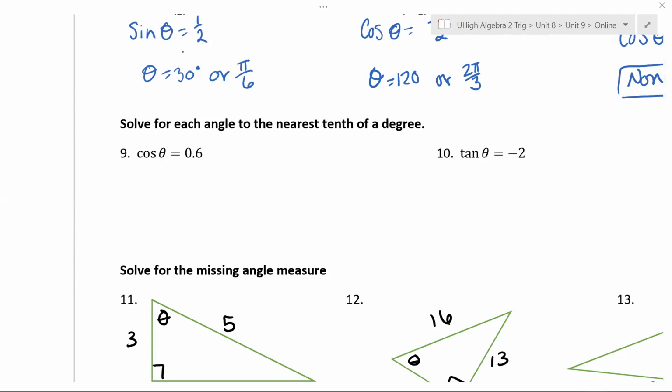First, I want to look at degrees, so I need to be in degree mode in my calculator. Before we even start this, take 5 seconds and make sure your calculator is in degree mode.